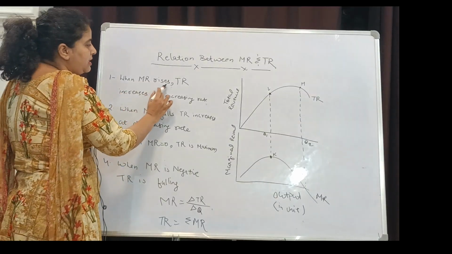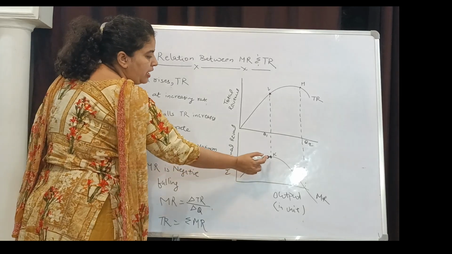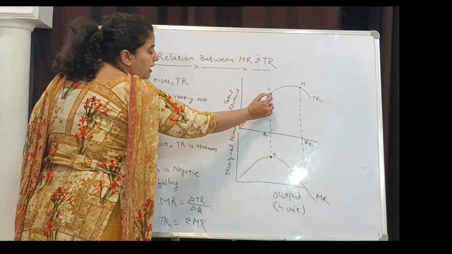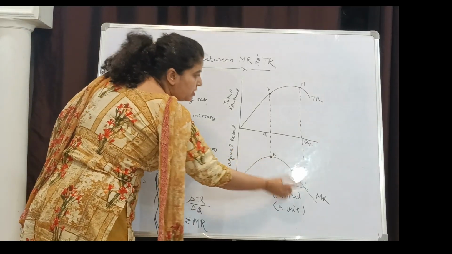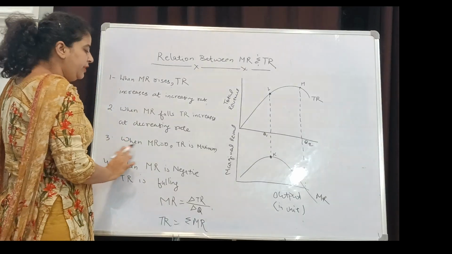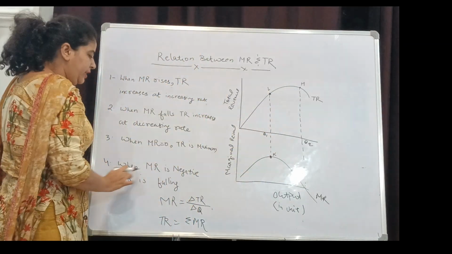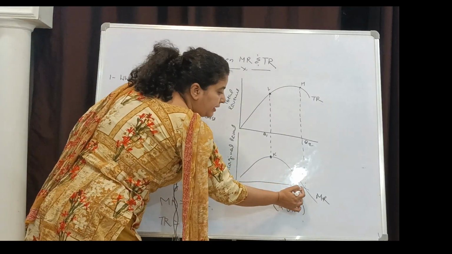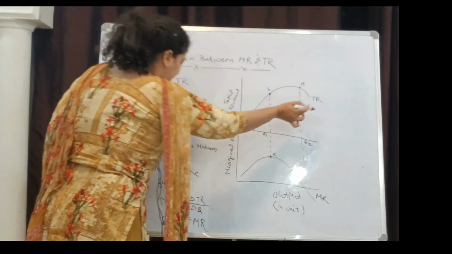When MR rises, TR increases at increasing rate. When MR falls, TR increases at decreasing rate. When MR is zero, TR is maximum. When MR is negative, TR starts decreasing.